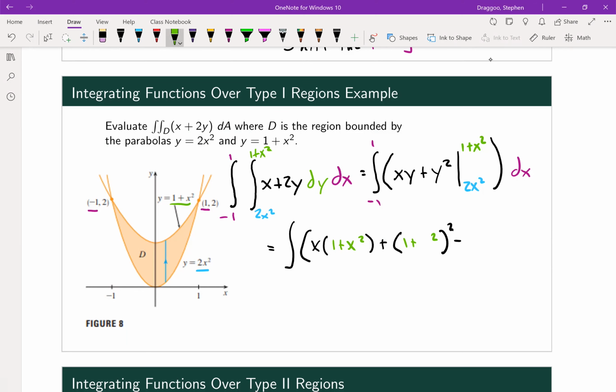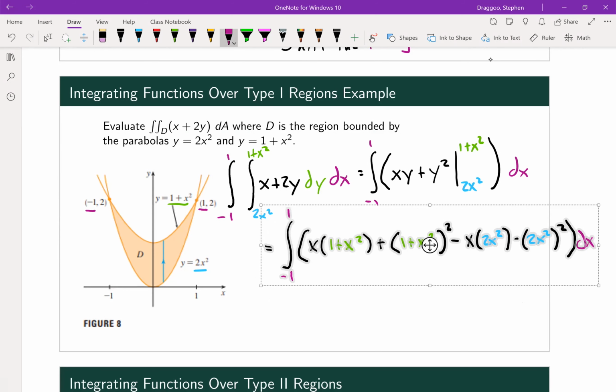That should have been 1 plus x squared and 1 plus x squared. There we go. Minus the stuff we get when we plug in 2x squared. So that'll be x times 2x squared minus (2x squared) squared. Close all of that parentheses and start filling in the leftover pieces. There's a dx on the outside. We go from -1 to 1.